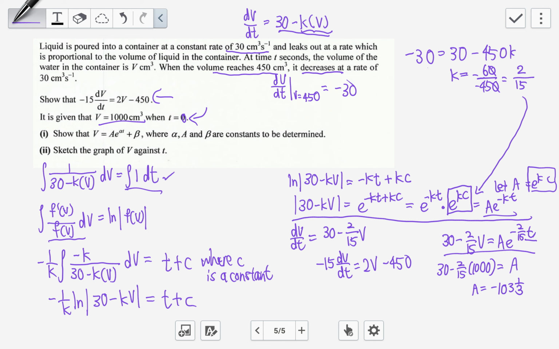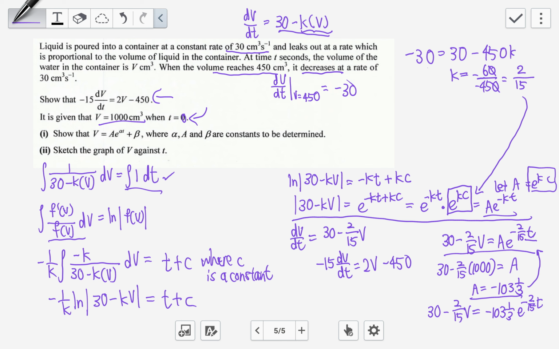Now if I substitute this value back into this equation, I get 30 minus 2 over 15 v equals minus 103 and 1/3 e to the minus 2 over 15 t.